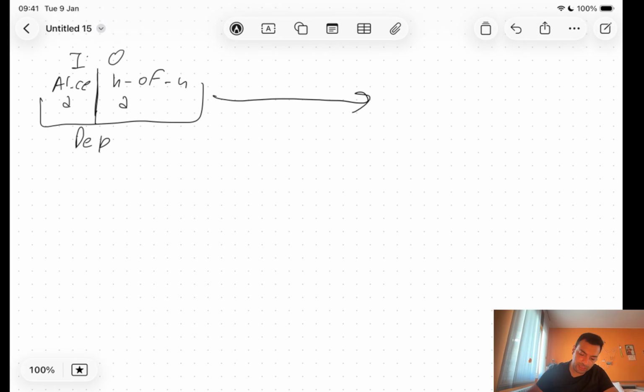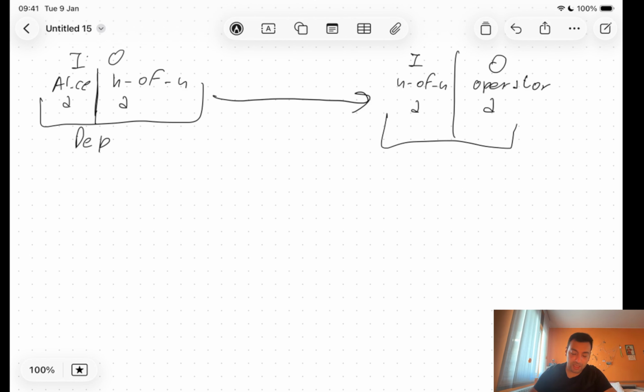After that, we have the withdraw transaction that has as input the n-of-n with amount A, and the output is the operator public key that has A. It doesn't have only one input, it also has another input, which is a connector that has an amount of basically zero.